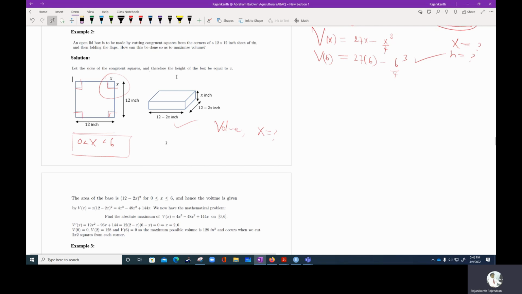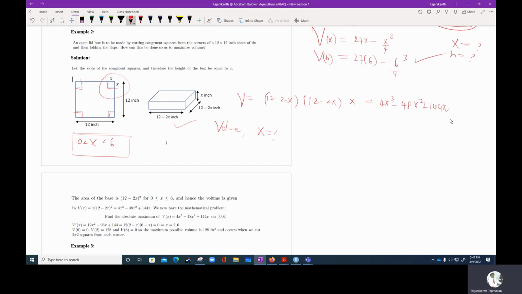So again, make the volume function. The volume of the box: length is 12 minus 2x, width also 12 minus 2x, height is x, right? When you simplify this, you will get the volume function, which is 4x cubed minus 48x squared plus 144x, right?